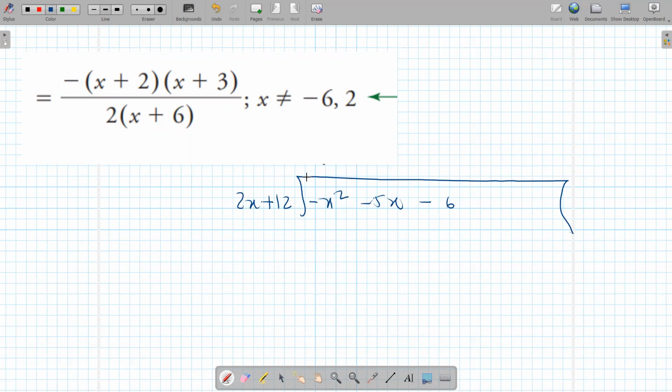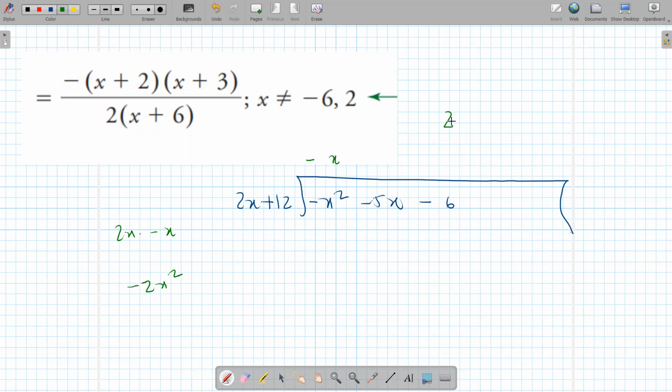What goes up here? Minus x. Well, 2x times minus x would be minus 2x squared, which is not what we have here. There's minus x, but there's a number as well. It's not just minus x, it's going to be minus something x.